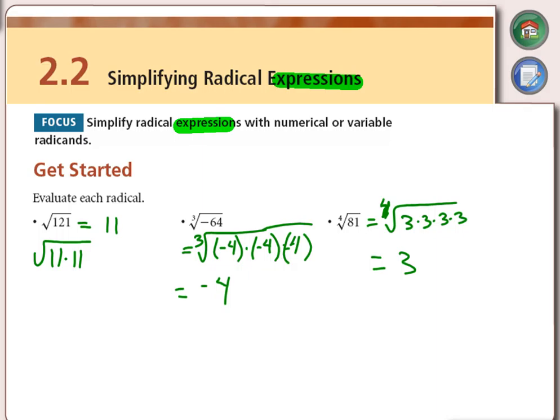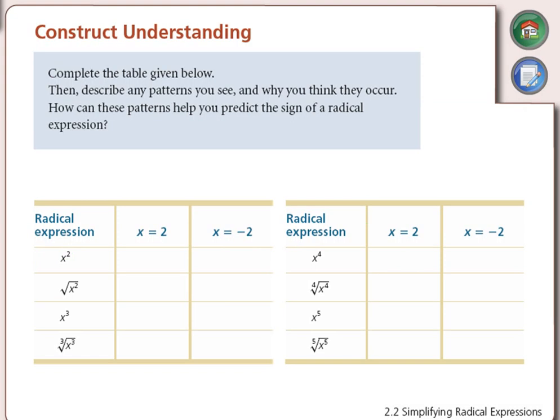Now when we go to radical expressions, we do this. We start throwing down some fun stuff, and that's having variables underneath the radical. As soon as we got variables under the radical, different things can happen depending on what values for the x we choose. Let's start with this.